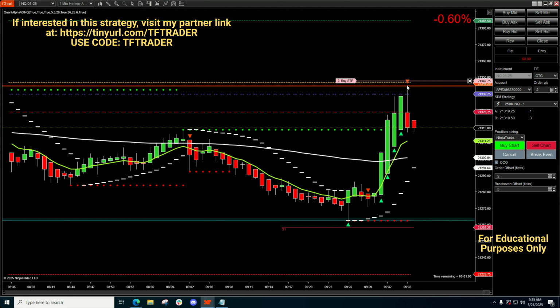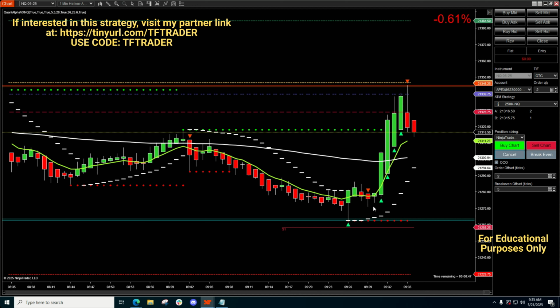Now, if we do get high volume and we cross below and close below the 100 and it's a high volume, then we'll take the S2 short because we have an invalid short at this point. So I'm going to cancel this order and get ready to see if we can get an S2.